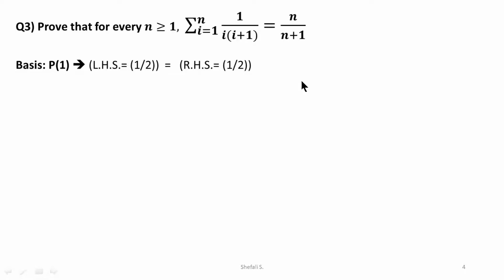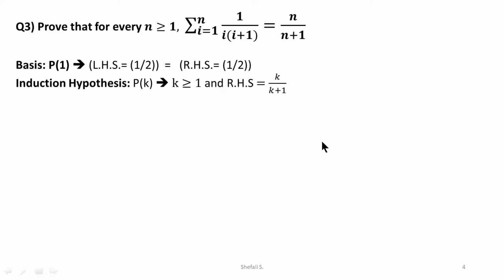Of course, the hint is given that the series is for n greater than or equal to 1, so the predicate involves the base number which is 1. So the LHS is 1 upon 1 plus 1, so it is equal to 1/2, as your RHS. So for base condition 1, the series is proved.